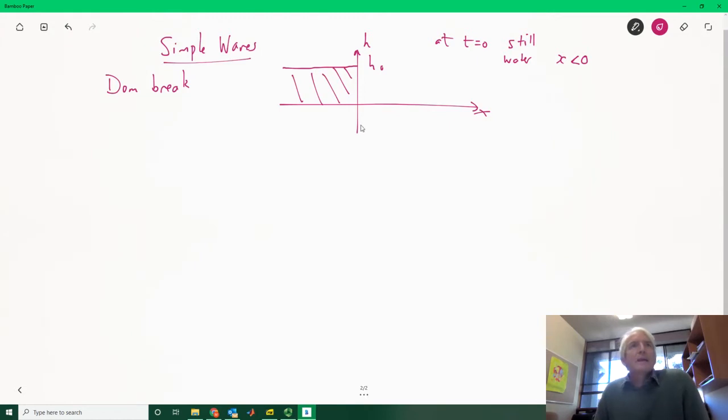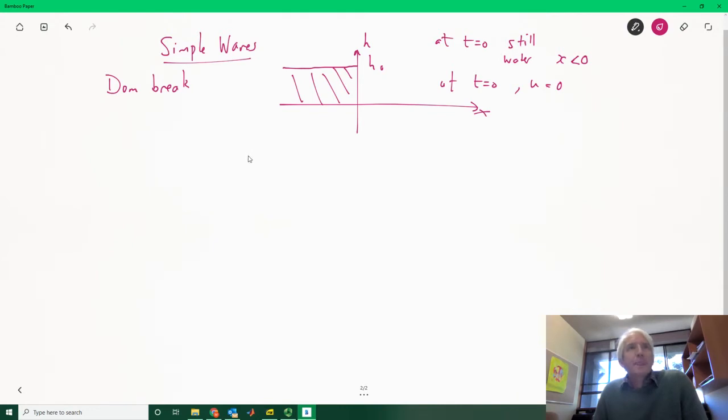Alright, and of course, the velocity at t equals 0, the u is equal to 0. There's no motion of this fluid, and we release it. It's a classic problem to simulate numerically the dam break, and there's even experiments where people have tried to put a screen up here and they've used wax or something and heated it to instantaneously destroy it and try and trace out the pattern.